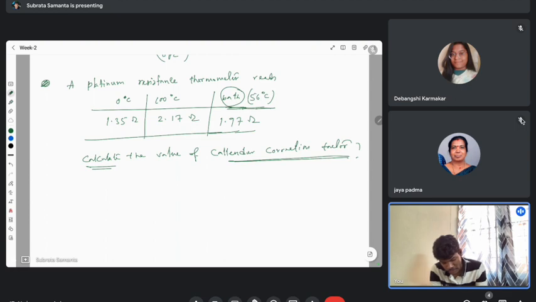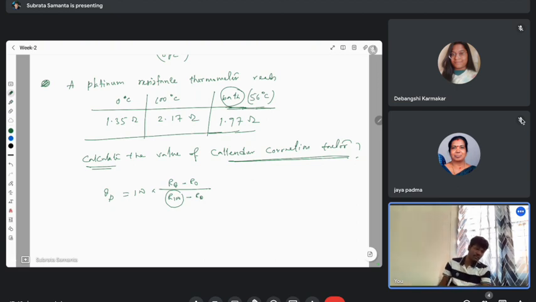I think it was defined in the class that theta p is given by the formula 100 times (R theta minus R0) by (R100 minus R0), right? So R means the resistance at this temperature. At R0, so at 0 degree centigrade, the resistance is 1.35, and R100, you know, is 2.17, right? Then how to calculate the theta?